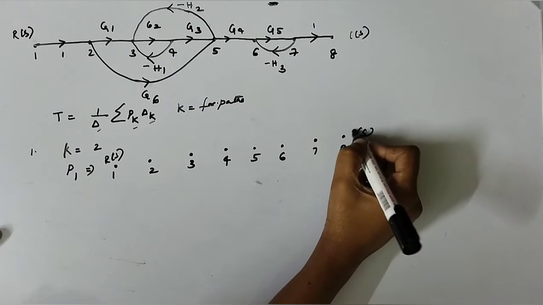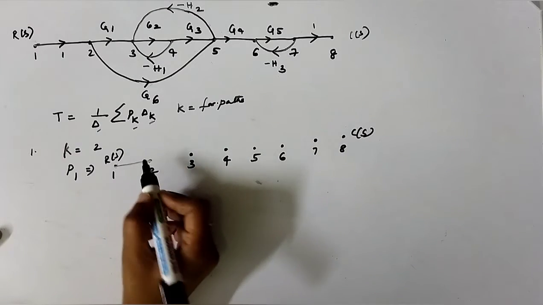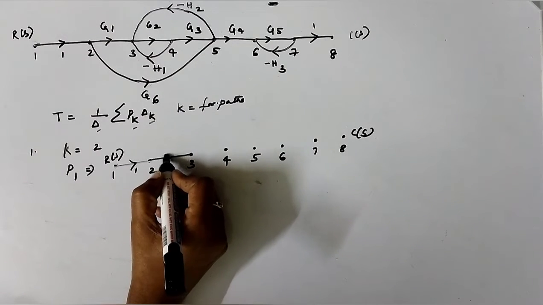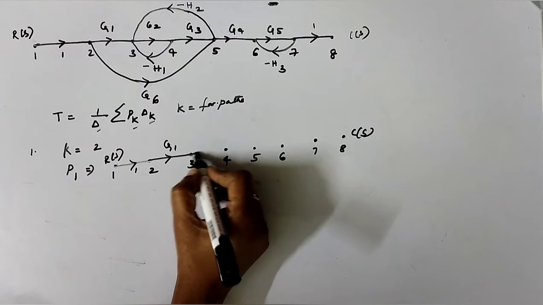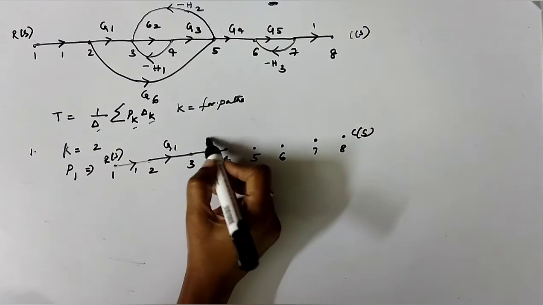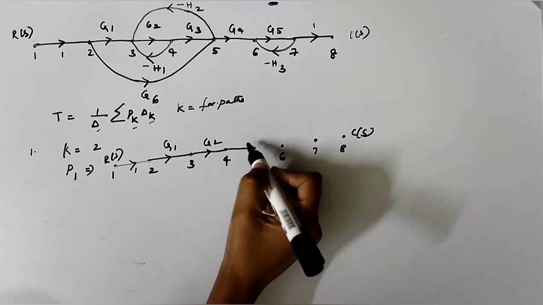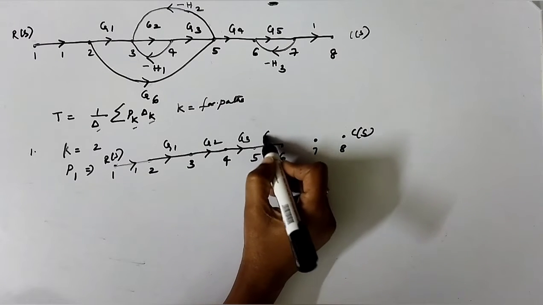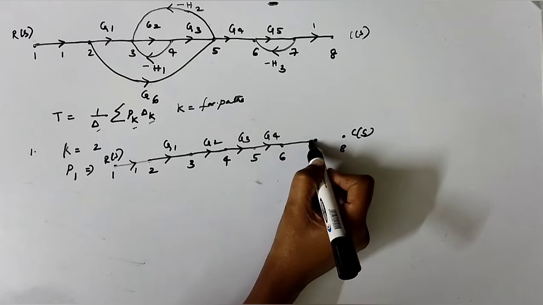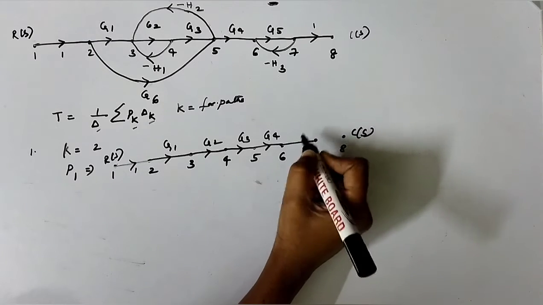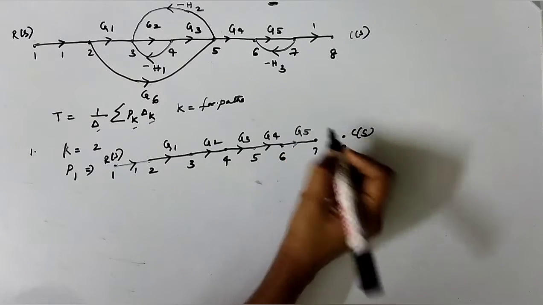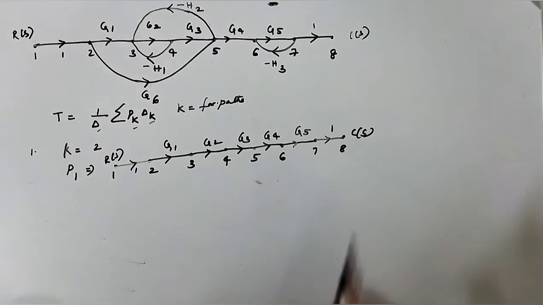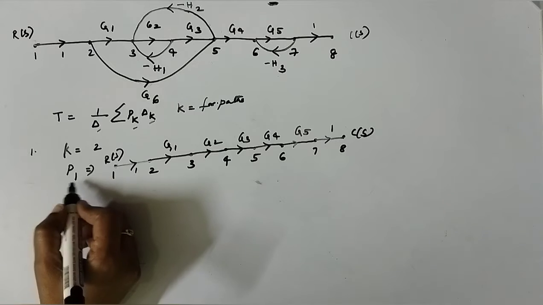Output node C of S. 1 to 2, that is 1. 2 to 3, that is G1. 3 to 4, G2. 4 to 5, G3, 5 to 6, G4, 6 to 7, that is G5, and 7 to 8, that is 1. This is for path 1.